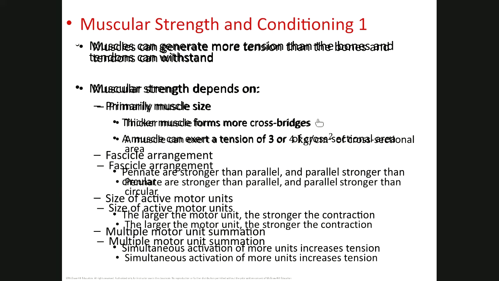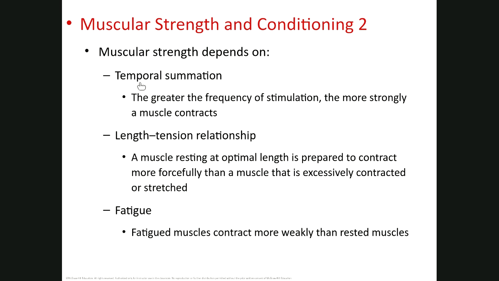Muscle strength also depends on your arrangement of the fascicle, the size of the active motor units, and the training that you give this muscle. Muscle strength depends on temporal summation. The greater the frequency, the sooner we reach the threshold and the stronger the muscle will contract. It also depends on how long or how short you start the muscle with.